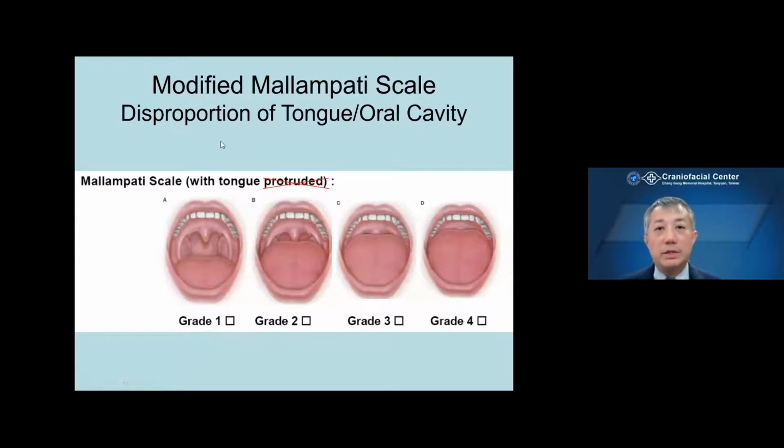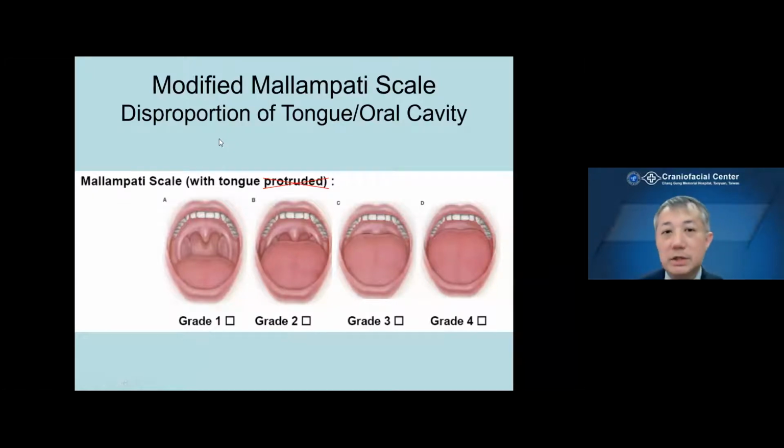The Mallampati scale is an important scale for anesthesiologists to evaluate whether the patient will have difficulty during intubation. But actually, anatomically, it shows us the disproportion between the skeleton and soft tissue.